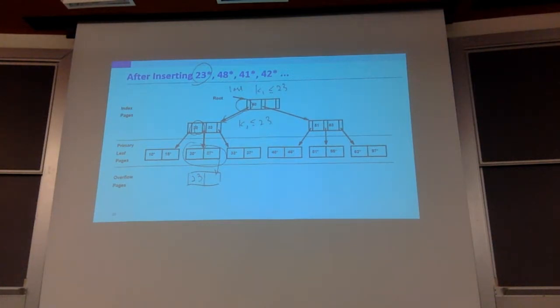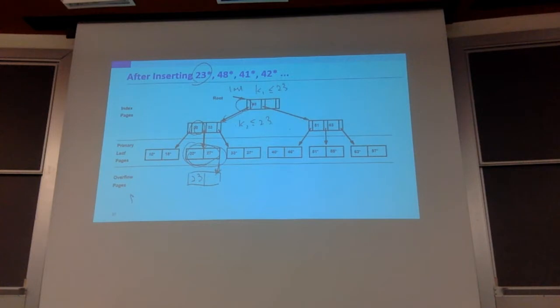Since the leaf pages cannot store everything, you put the overflowing entries into an overflow chain. When you search and find there is an overflow page, you need to search not only the leaf page but also the entire chain of overflow pages.